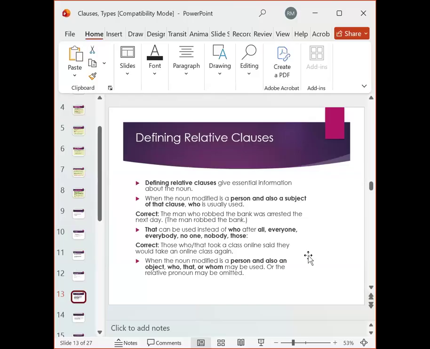So we've heard people ask questions like, so when do I say whom? Whatever the relative clause is modifying, if it's an object, then the relative pronoun will be whom.